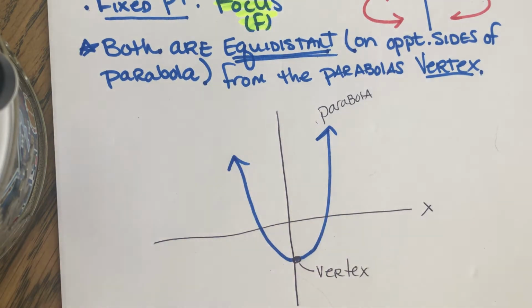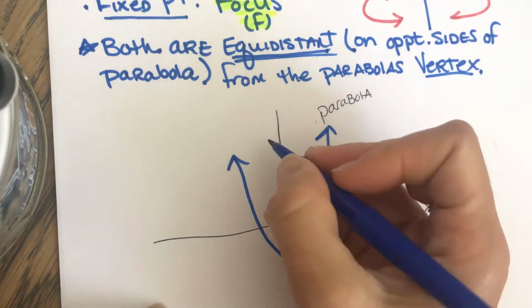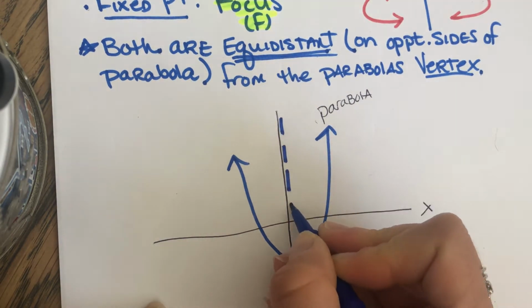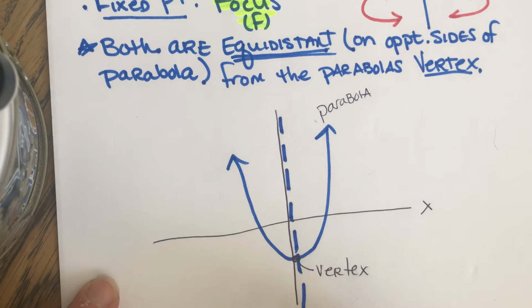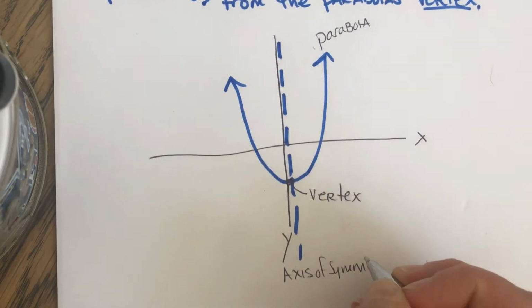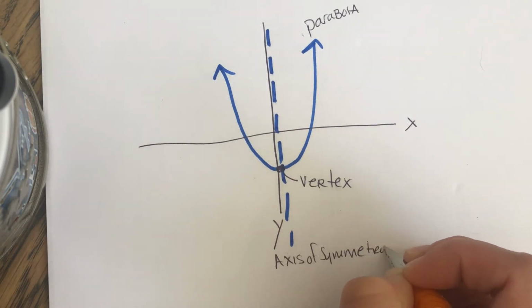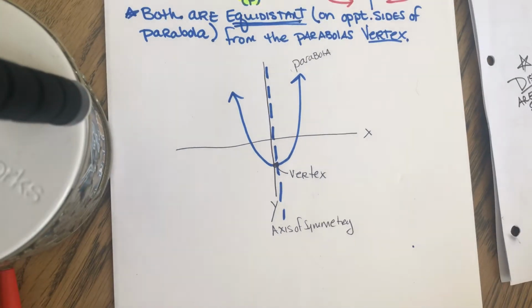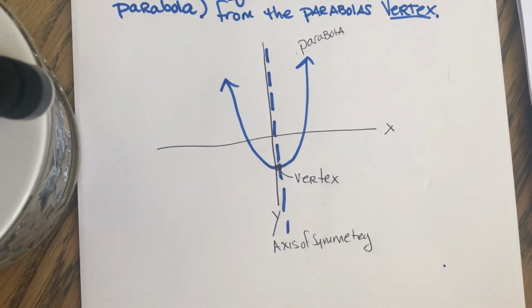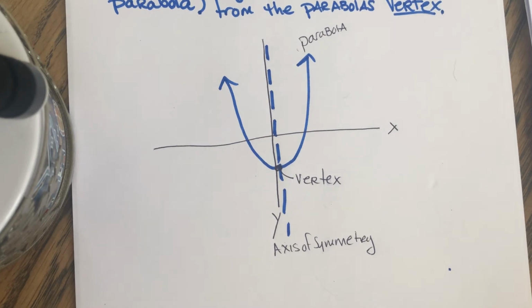You also should know and be aware that this line straight down the middle is my axis of symmetry. So that line is your axis of symmetry.